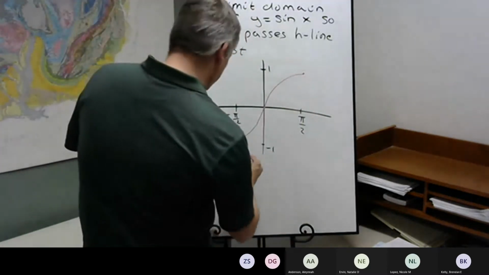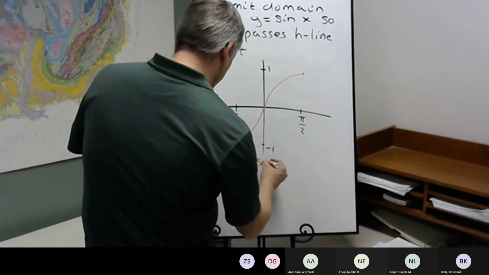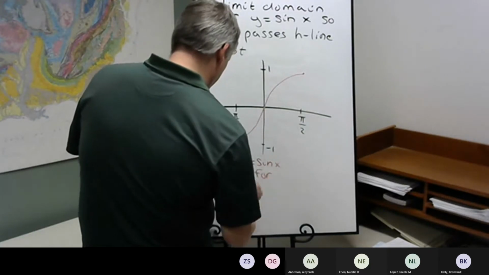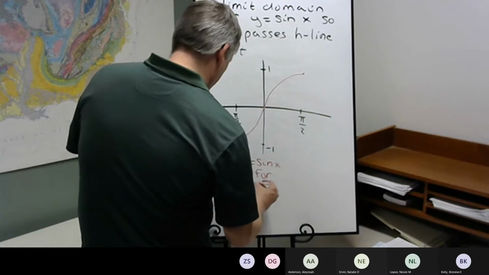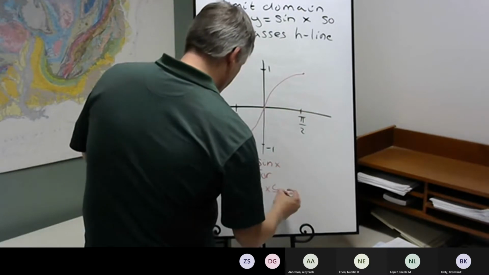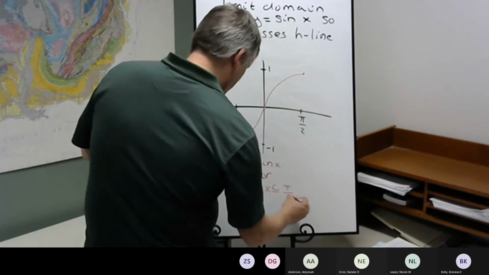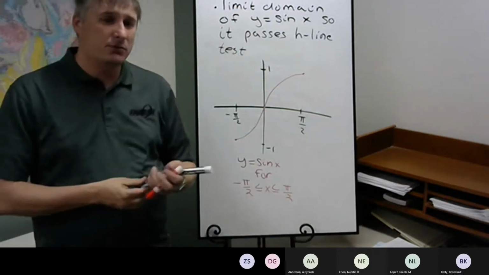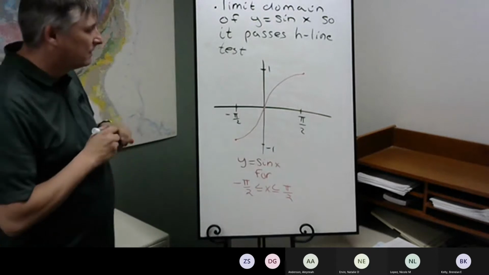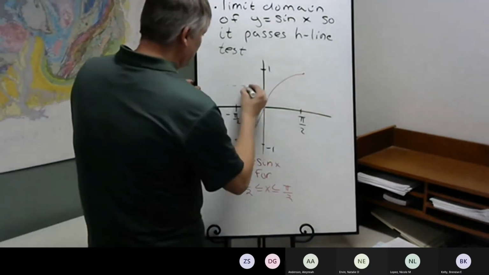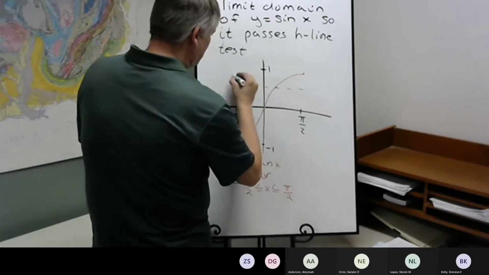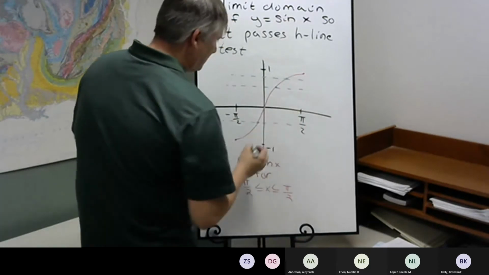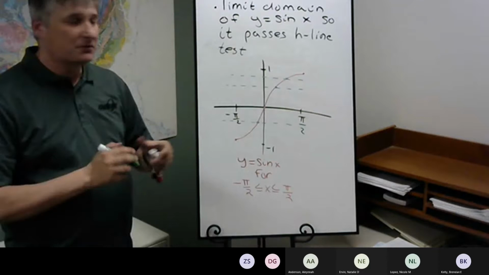So this is our limitation. We limit the domain, so it's between negative pi over 2 and pi over 2. And now we pass the horizontal line test.